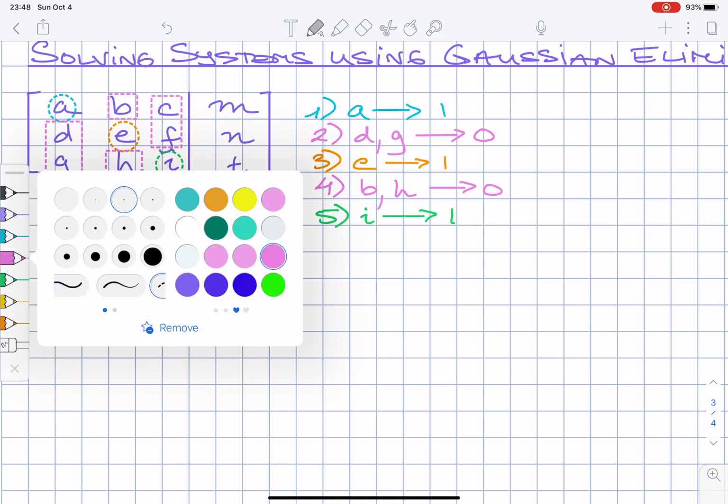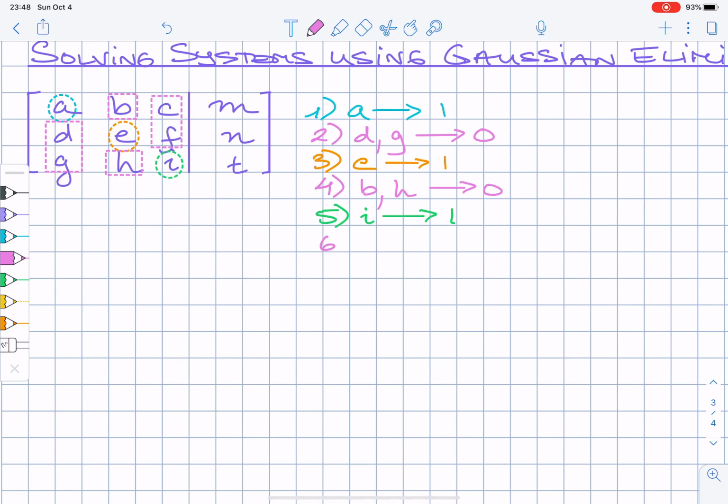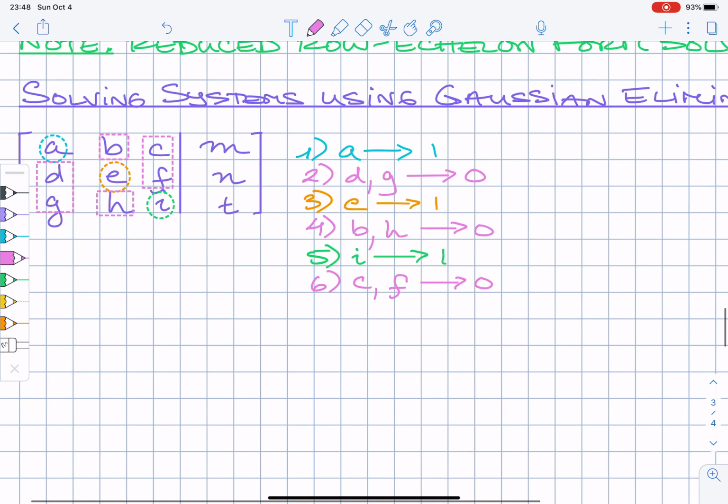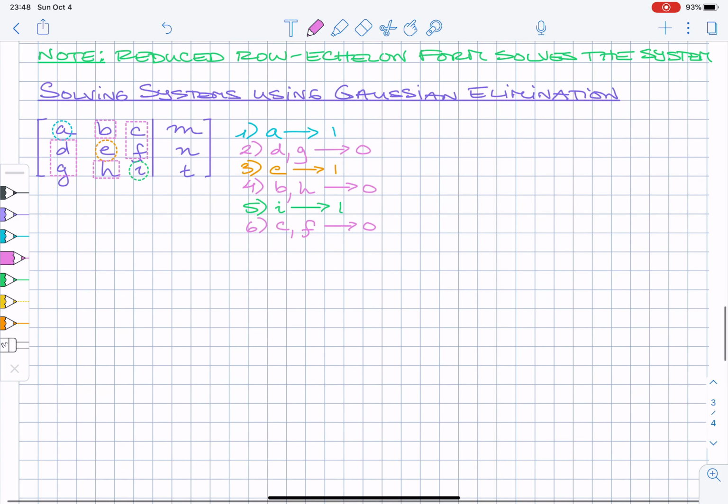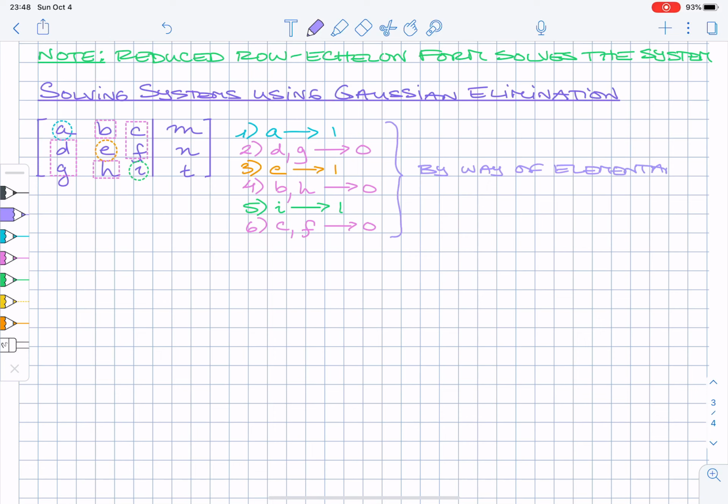And finally, step 6, we want C and F to go to 0. So that's the process of Gaussian elimination, and we do these by way of elementary row operations.